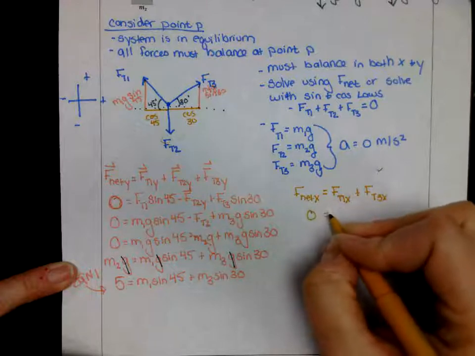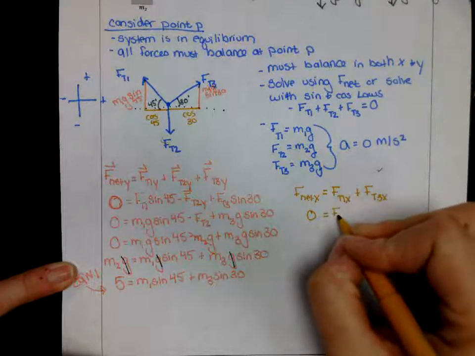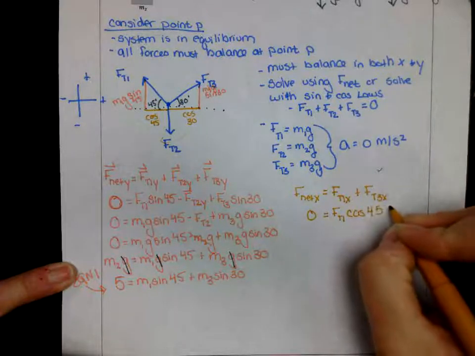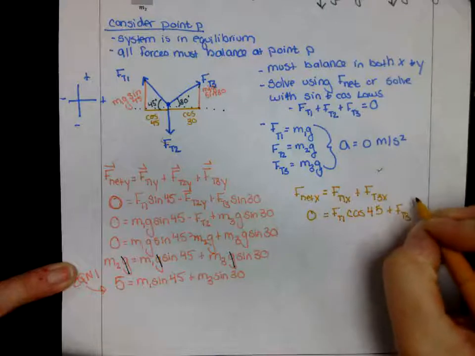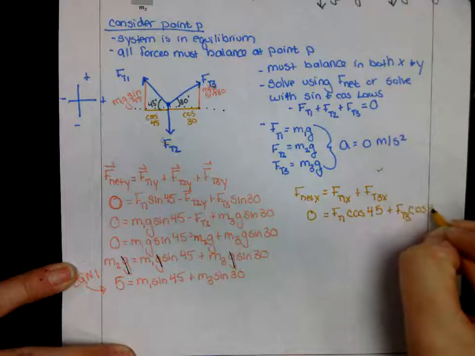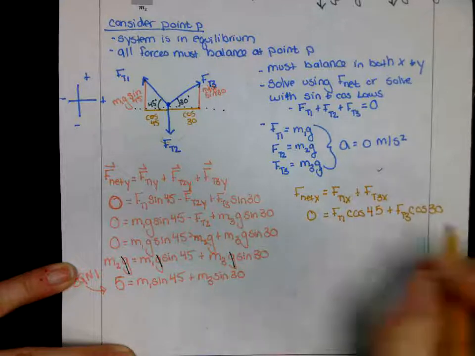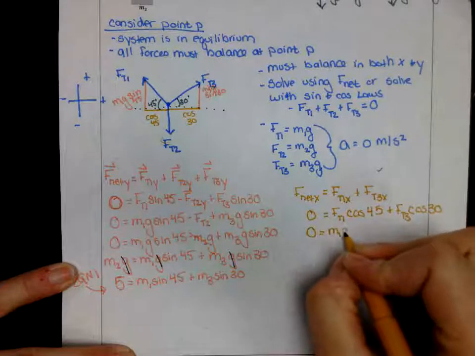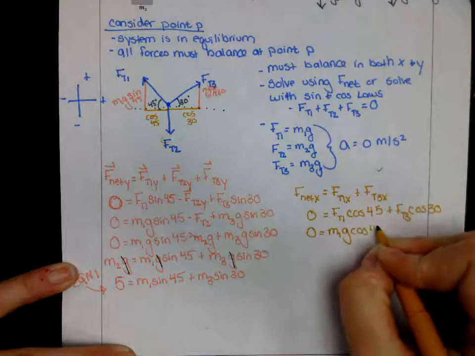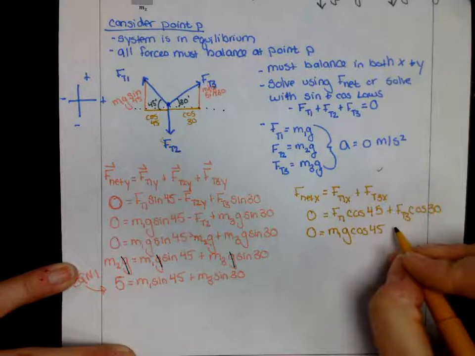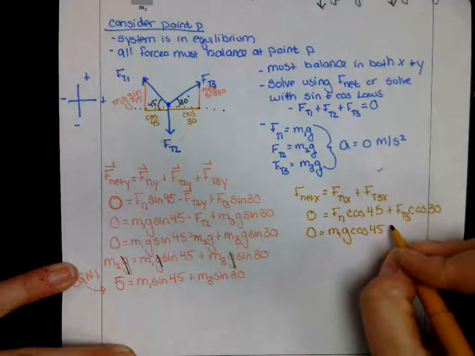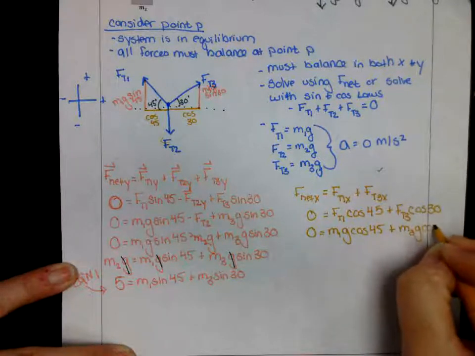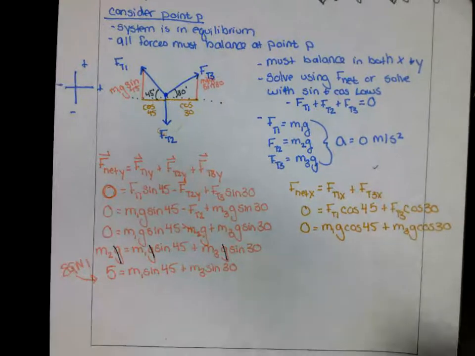So 0 is equal to the force of T1 cosine 45 plus the force of T3 cosine 30. The force of T1 is m1g, so 0 equals mass 1 gravity cosine 45 plus mass 3 gravity cosine 30. And I just caught an error I made.